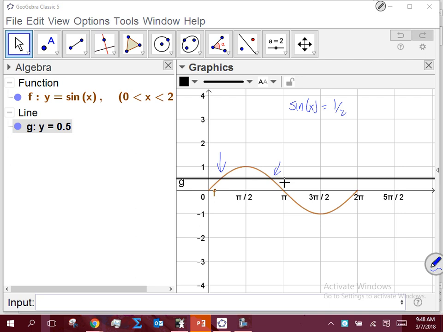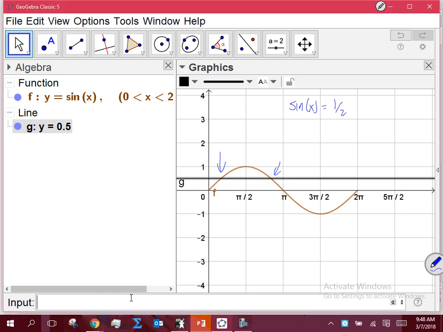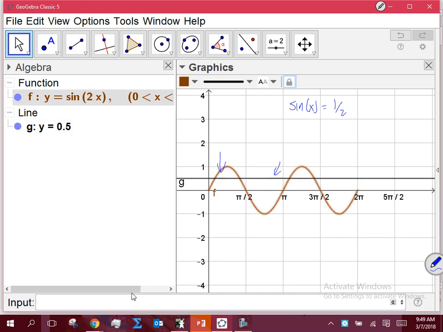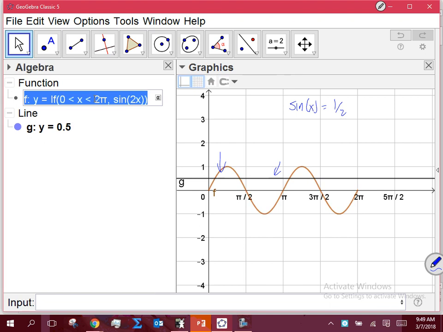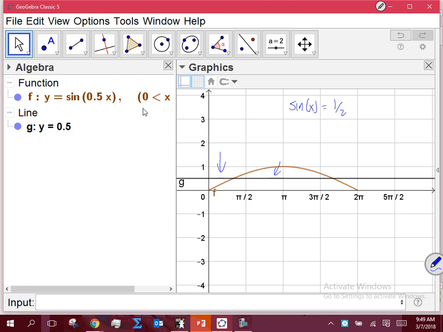There's only 2 spots. But if I make that a 2, now how many spots is sine of 2x equal to 1/2? 4 now, right?